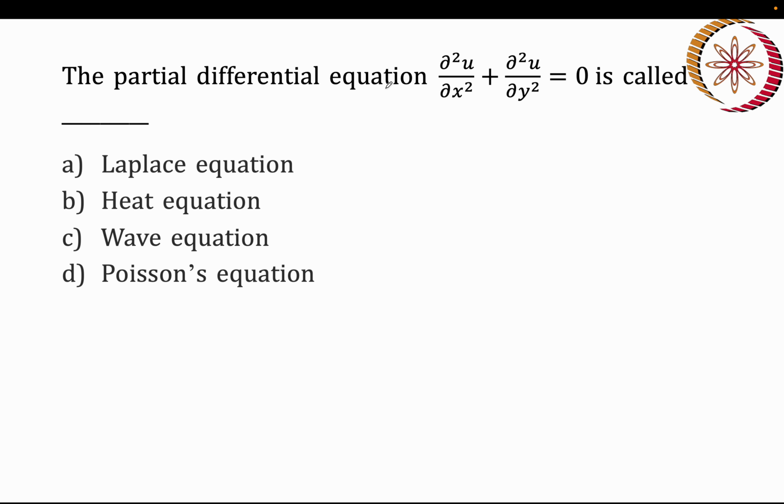The partial differential equation is called, okay, so this is the Laplace equation, but we'll write all the equations once just to revise. So this is the Laplace equation.